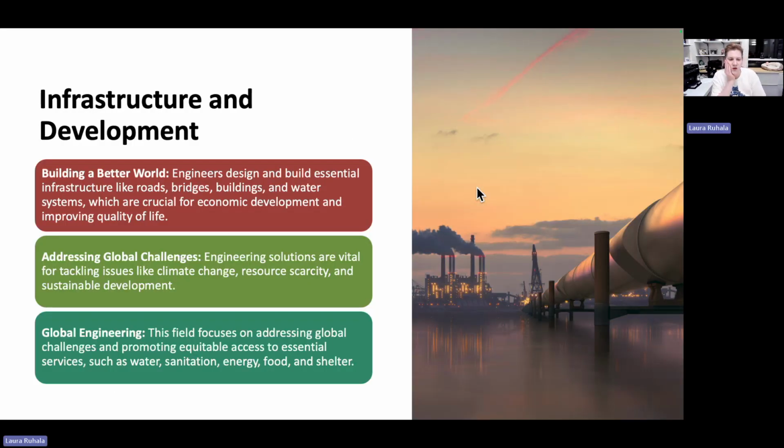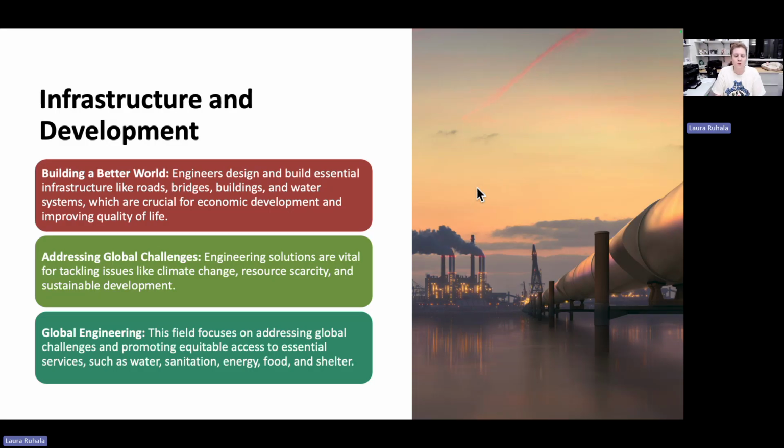Okay, so about the infrastructure and development. So engineers build a better world. We design and build essential infrastructure like roads, bridges, buildings, and water systems that are crucial for economic development and improving the quality of life. We address global challenges, and obviously some of those challenges we hear a lot about are climate change, resource scarcity, and sustainable development.